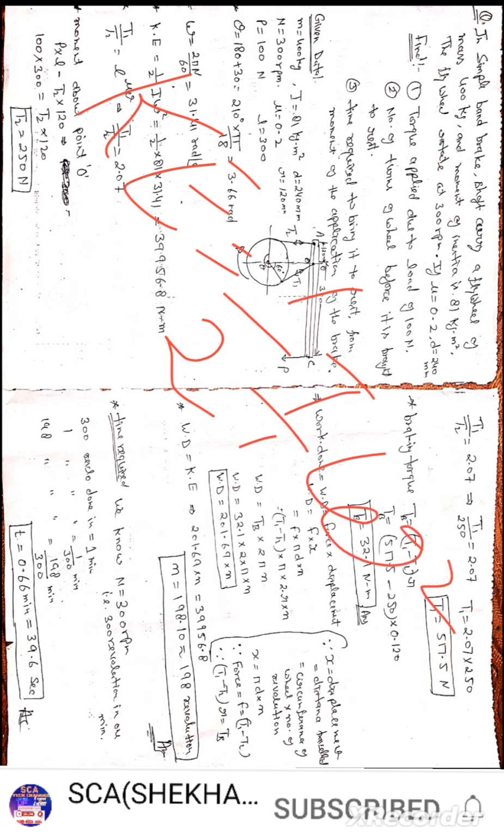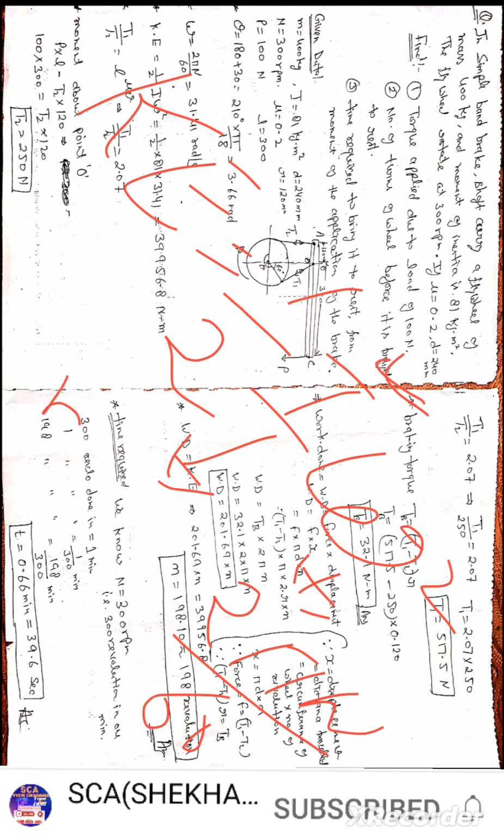Here I is the moment of inertia and omega is the angular velocity. So angular velocity omega is equal to 2 pi N over 60. This is angular velocity in radian per second. Here I, the moment of inertia, is m k square, where m is the mass of the flywheel or rotating body and k is the radius of gyration.